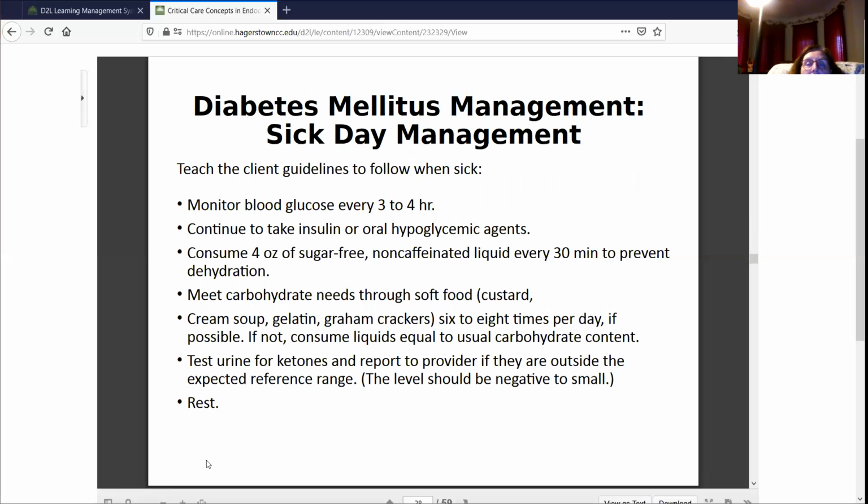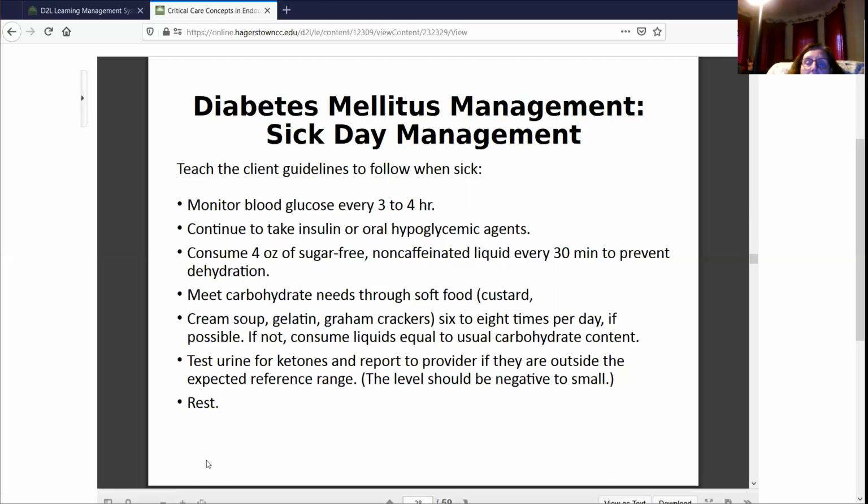Diabetes mellitus management, sick day management. Teach the client guidelines to follow when sick: monitor blood glucose every 3 to 4 hours, continue to take insulin or oral hypoglycemic agents, consume 4 ounces of sugar-free, non-caffeinated liquid every 30 minutes to prevent dehydration, meet carbohydrate needs through soft foods, such as custard, cream soup, gelatin, graham crackers, 6 to 8 times per day if possible.